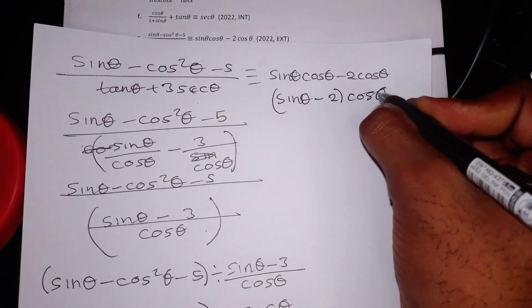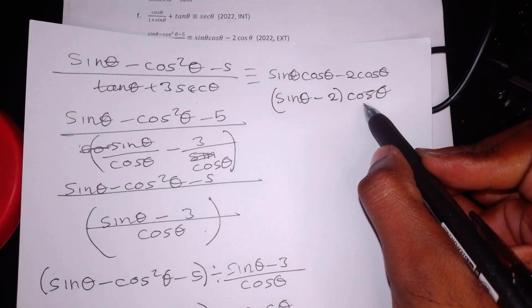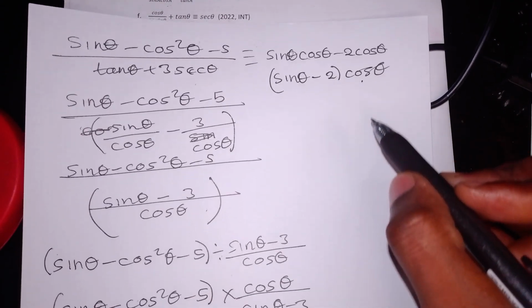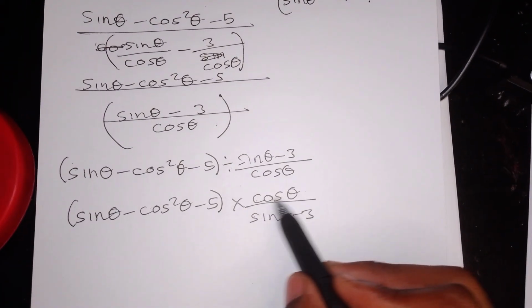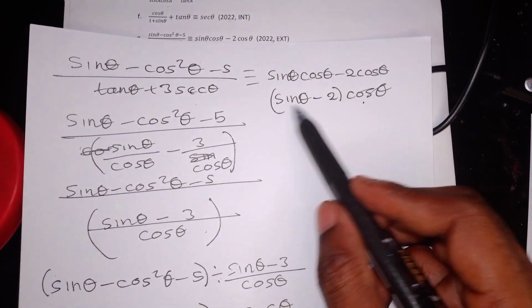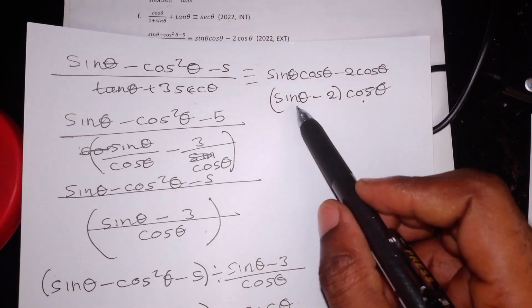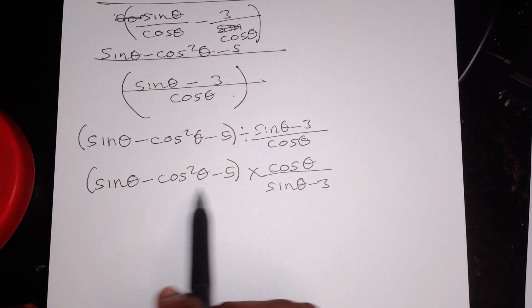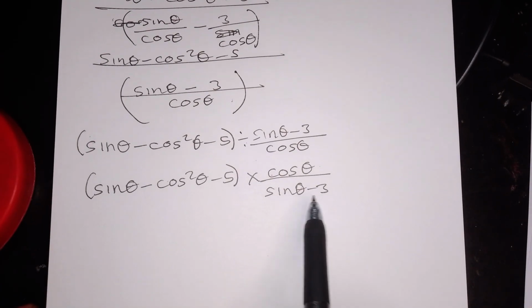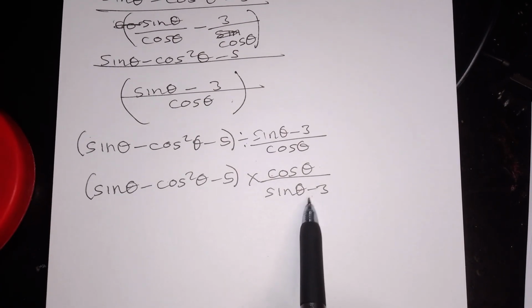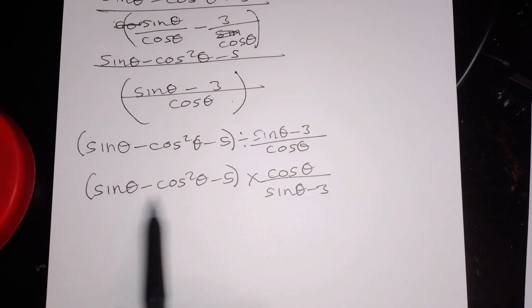Yeah, so I've just factored the cos theta out. So that means I'm multiplying cos theta by something like this. So whatever I do, I need to obtain this here, and then I need to find something which will get rid of this. So I think the only way to do that is by factorizing this.